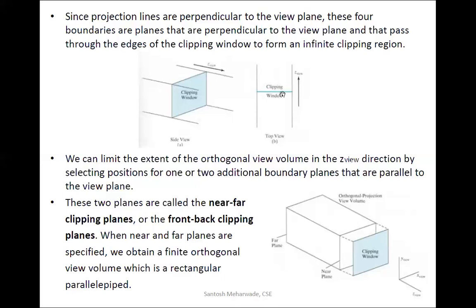So this is the clipping window. Clipping window is nothing but the window on which you are going to see your object. So we can limit the extent of the orthogonal view volume in the z view direction by selecting the position for one or two additional boundary planes that are parallel to the view plane. That indicates that we can restrict our boundary size.